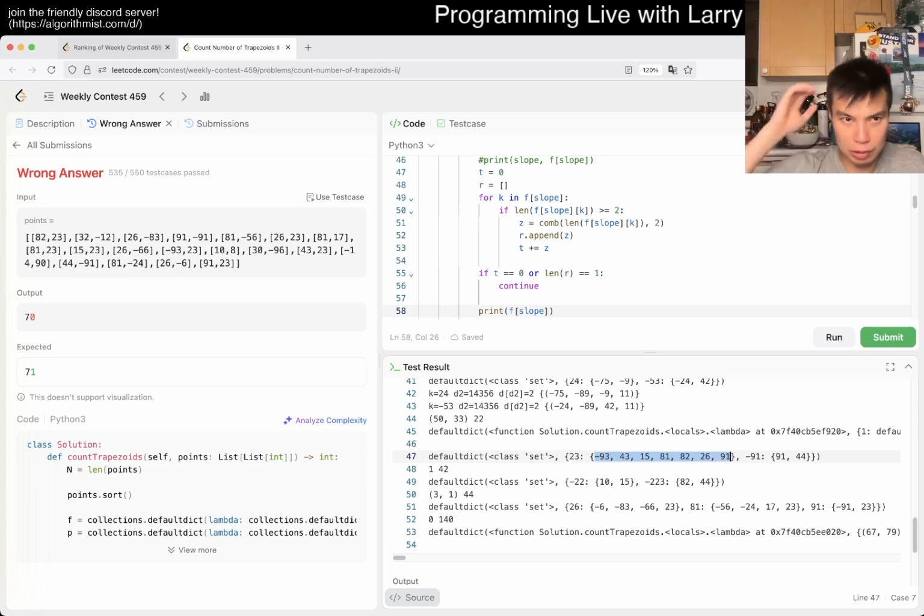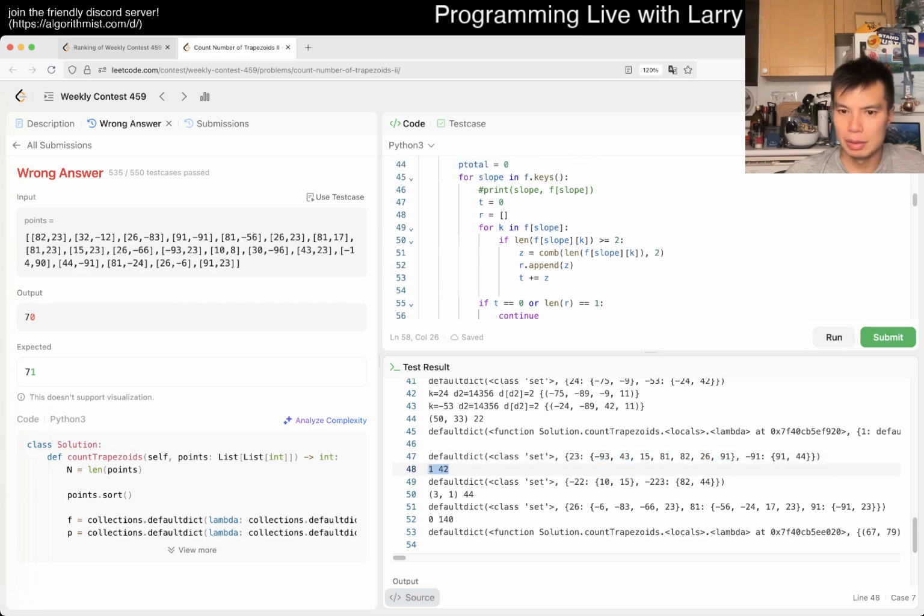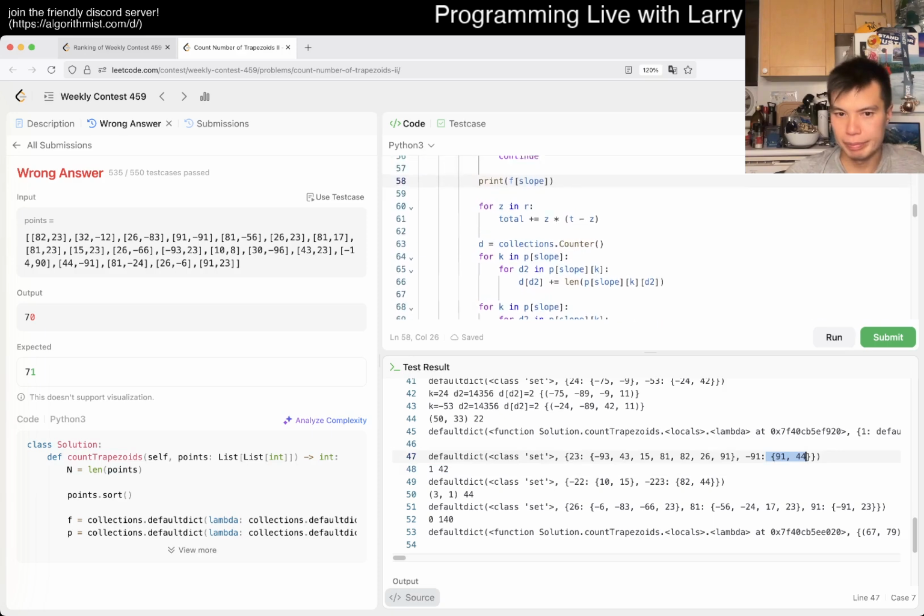So 7 choose 2, 7, 6, 40. So 21. What? Why is this 42 actually? Oh, because you count this one as well, so it double counts. Okay, fine.